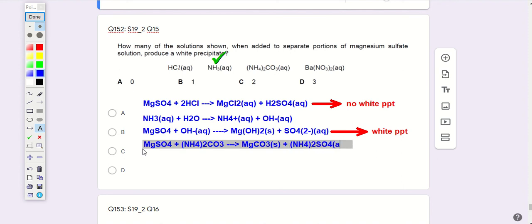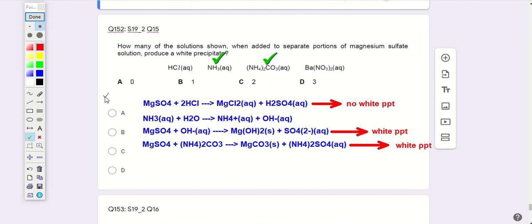Now this one is soluble in water, as most ammonium salts are, but you still observe a white precipitate because magnesium carbonate is formed. Let me write down, white PPT will be observed. This one also, you see a white precipitate.